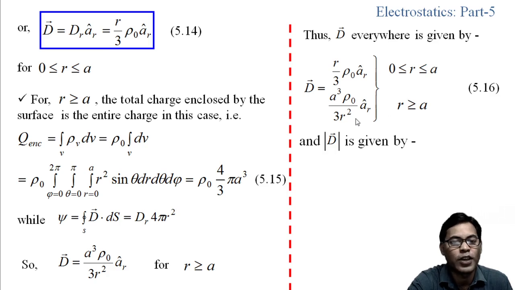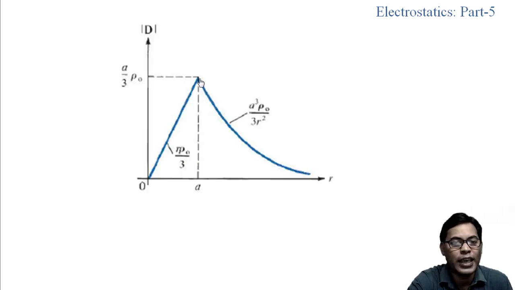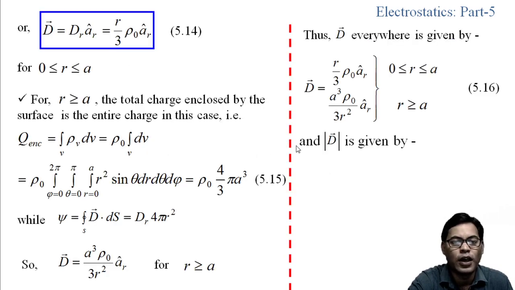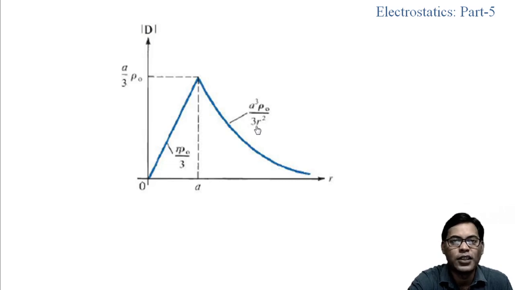From that we can find out that it will decrease and reach towards 0 as r increases. So that graph we will get due to the second case, that is a cube rho naught by 3 r square.